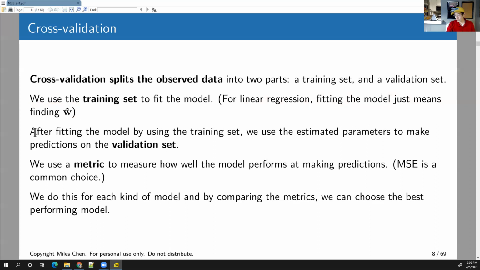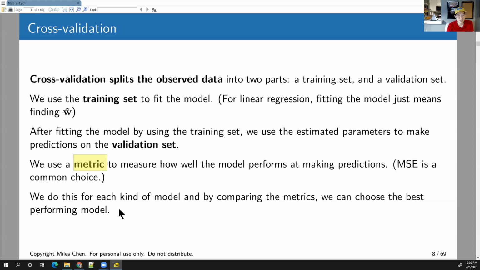Once you're finished fitting the model with the training set, you take that fitted model and make a prediction for the validation set. You ask, what does this line predict for this point in the validation data? We use some kind of metric, some value that measures how well our model performed at making a prediction.